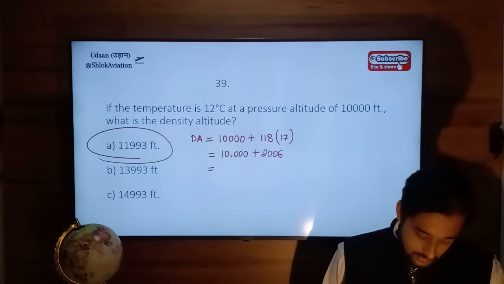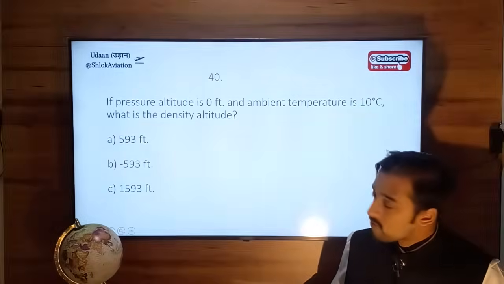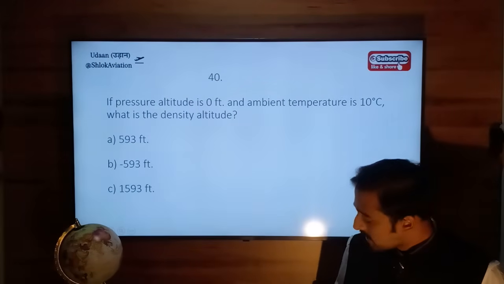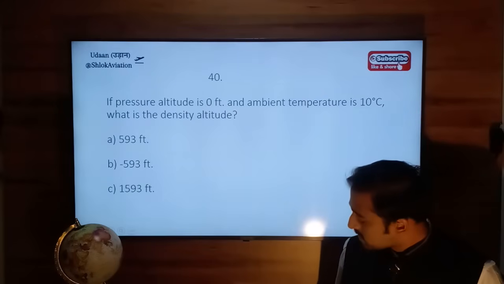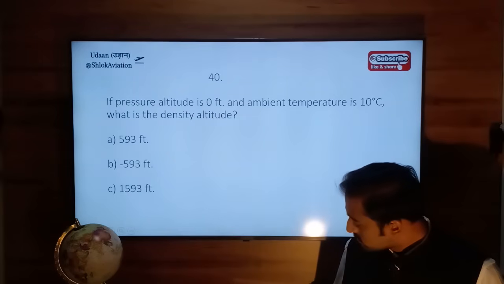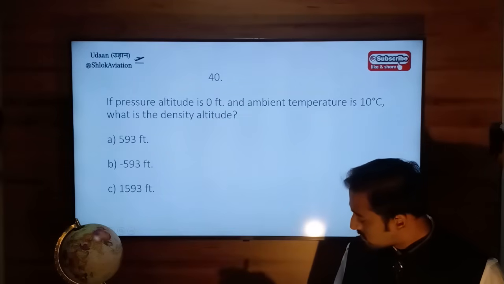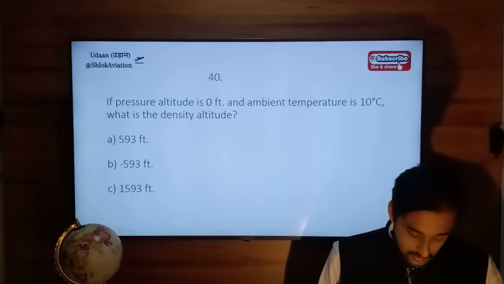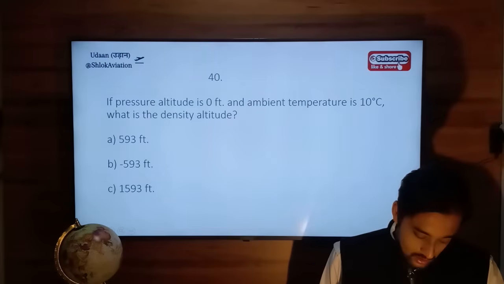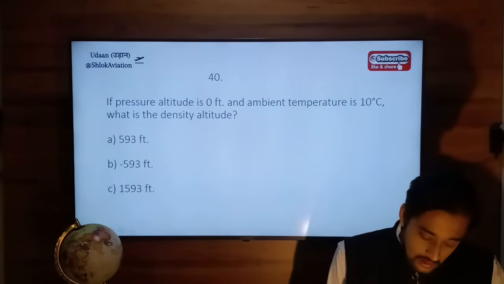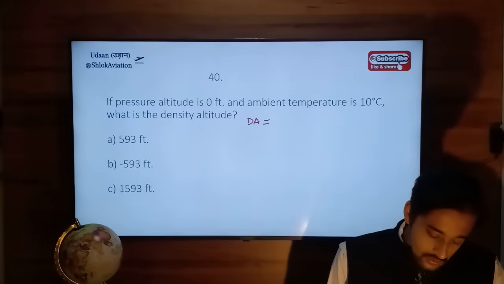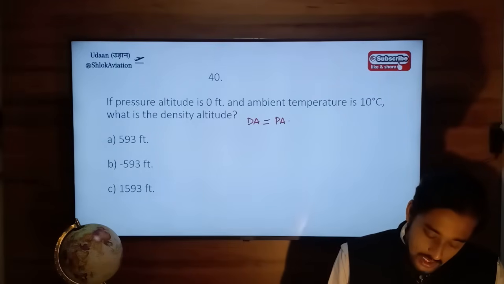Question number 40. If pressure altitude is 0 feet and ambient temperature is 10 degrees Celsius, what is the density altitude? So, density altitude equals pressure altitude plus 118 into ISA deviation.